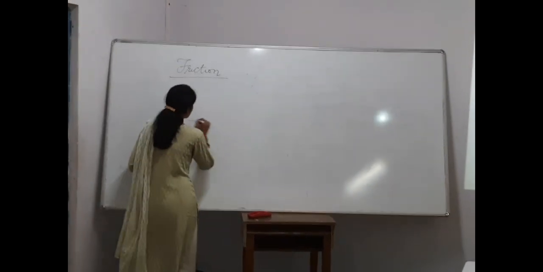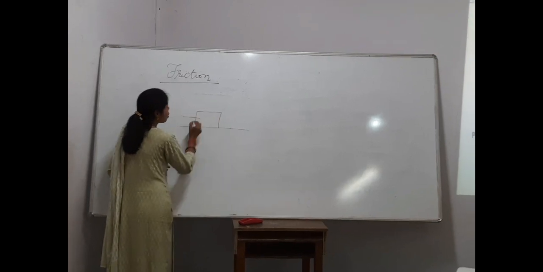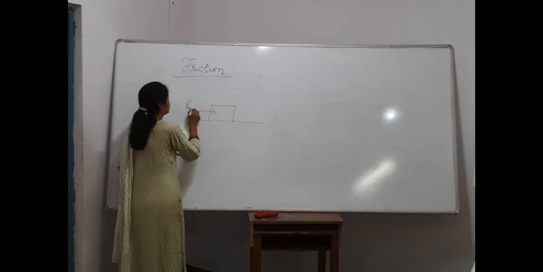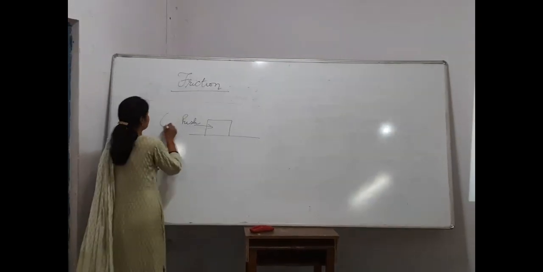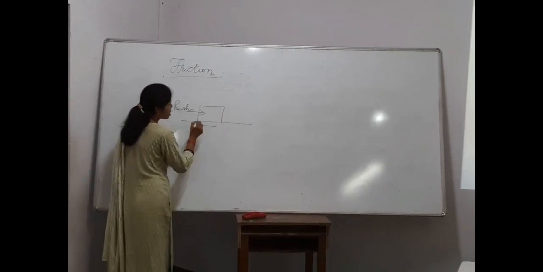For example, this is a surface and one box is kept here. If I want to move this box, I will push it. And you know that push or pull is a kind of force. So the friction opposes the motion.